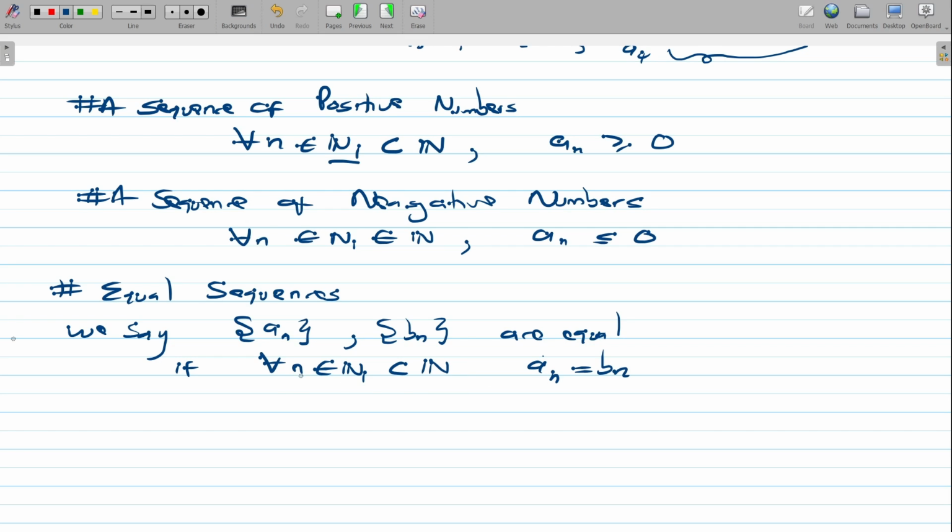If this is true for all values of n in this set n1, which is an infinite subset of the set of natural numbers, then the two sequences are going to be equal, right?